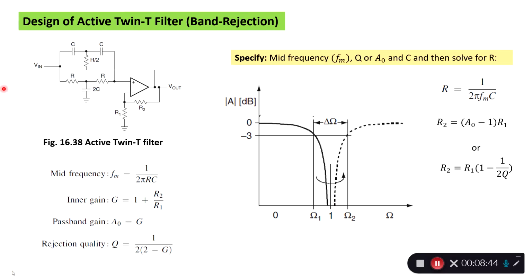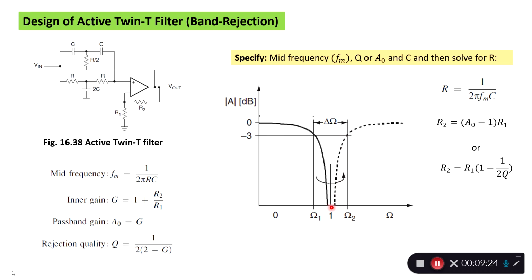So how do we then design with these equations? Solving this mid-frequency, we solve for the resistor when we know the capacitor. So we would typically select the capacitor. We would also select the gain here in the passband. And we have to select our mid-frequency, the frequency we are interested in getting rid of. And then the Q is how selective should we be.